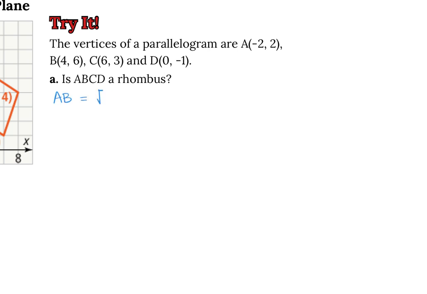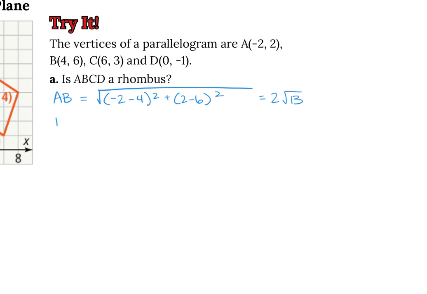Again, to check our side length, we use the distance formula. We're finding the distance between the 2 points. Once I simplify this, I will get 2 square root of 13. Okay, so if I want this to be a rhombus, then all of my side lengths have to be that 2 square root 13.